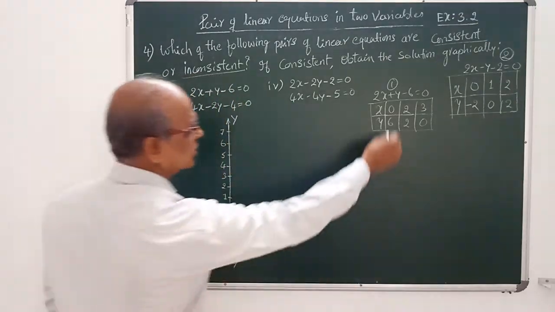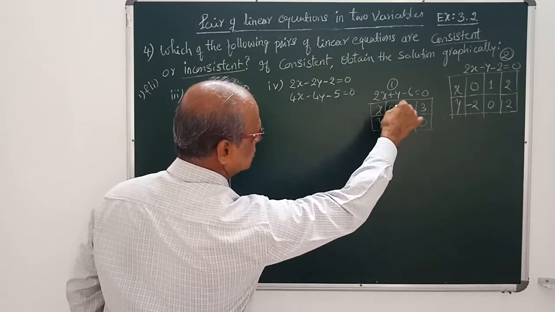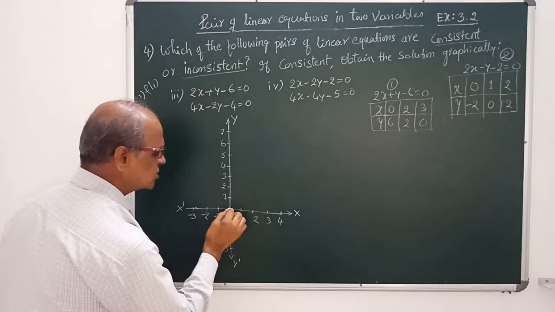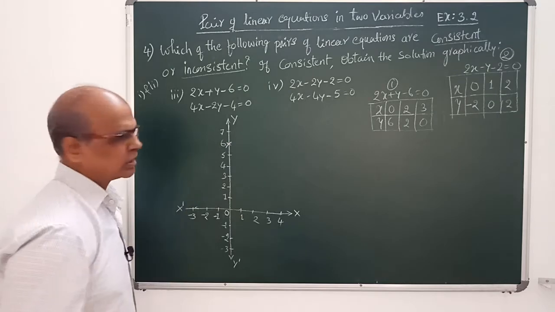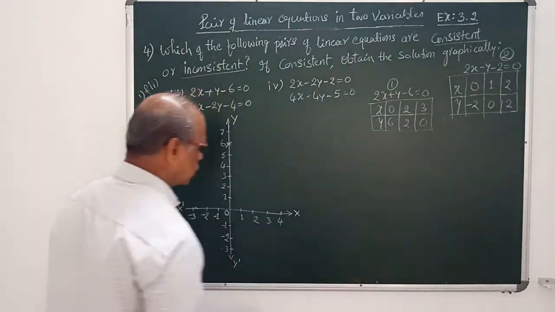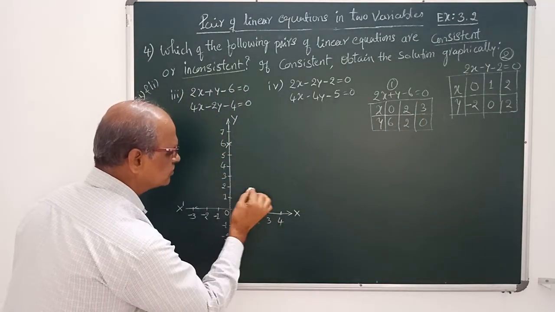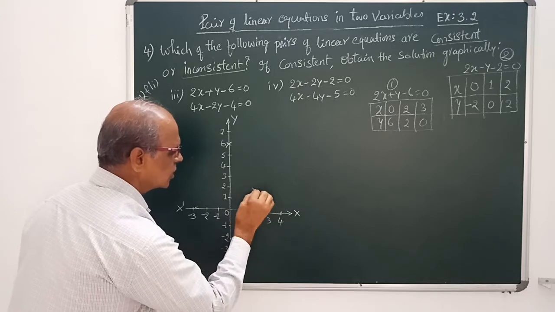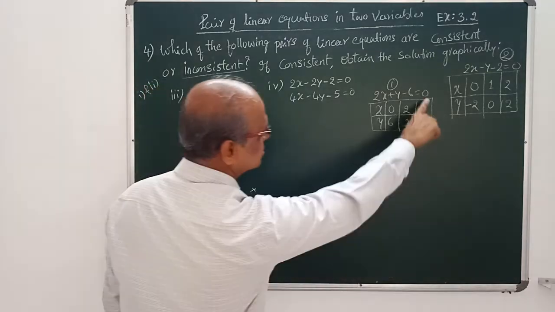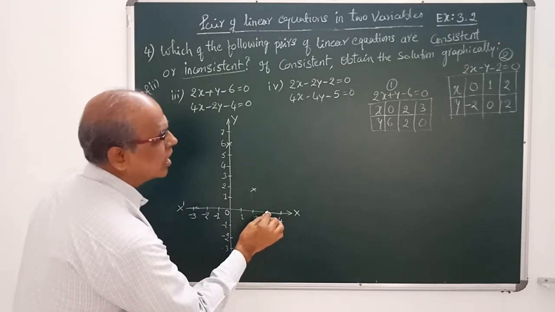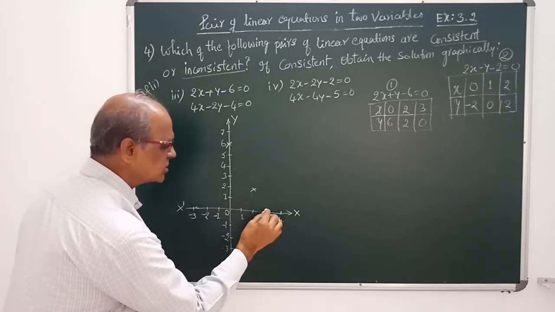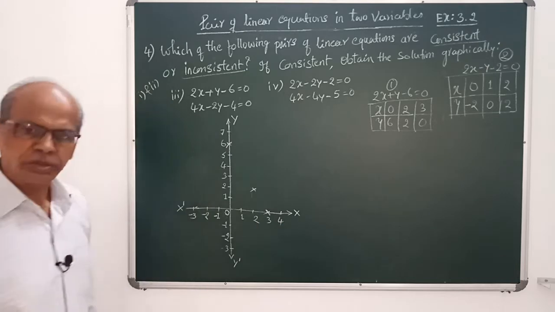What is the value here? First table, first equation: 0 and 6. X is 0 and y is 6. That means this is where your point lies. 2 and 2, both are plus, so here is your point. Next one is 3 and 0. X is 3 and y is 0, so exactly here, on 3 itself.